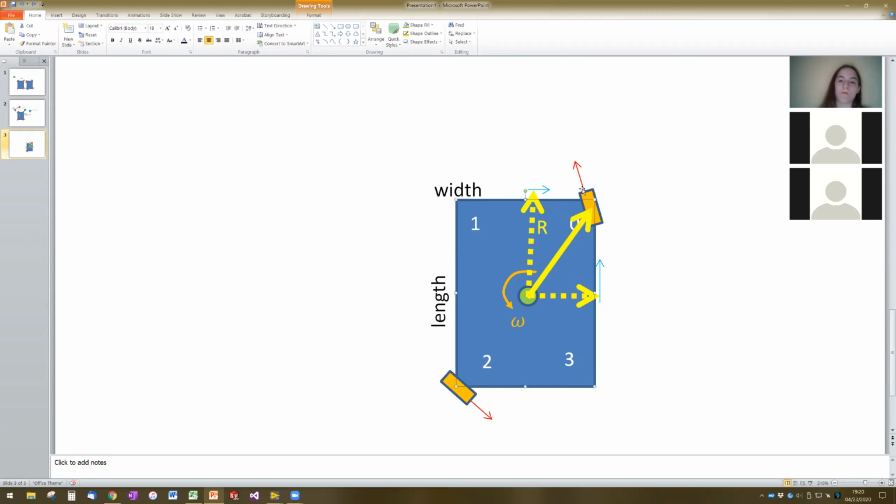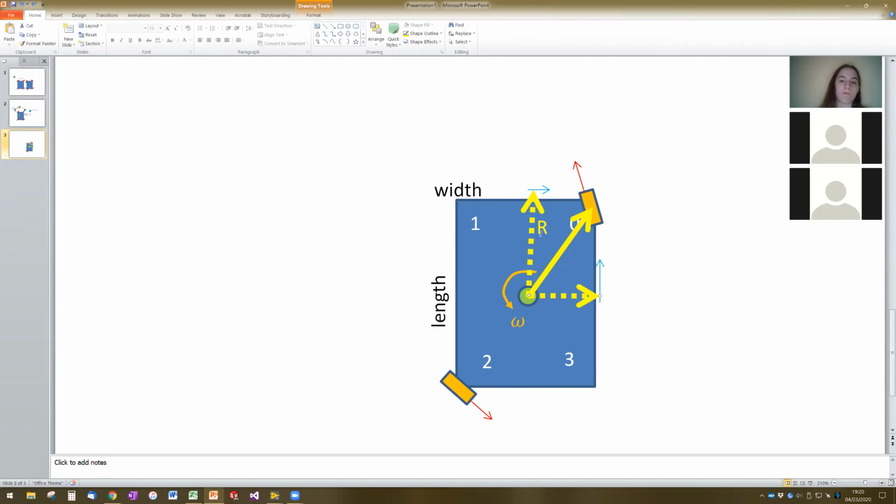The tangential velocity equals the rotation velocity times the radius out to it. And more strictly, the x component of this tangential velocity is equal to the rotation times the perpendicular radius in the y direction.